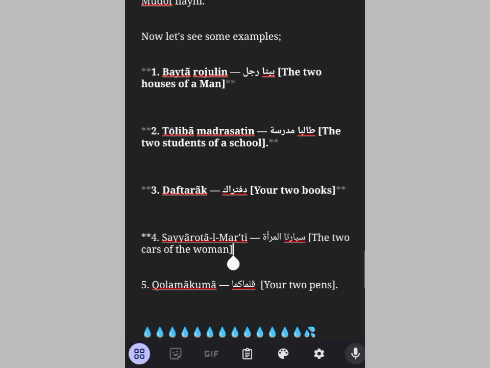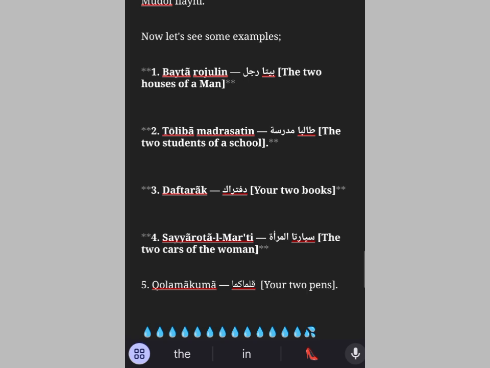Now let's look at another example: the two cars of the woman. We say سيارة المرأة.